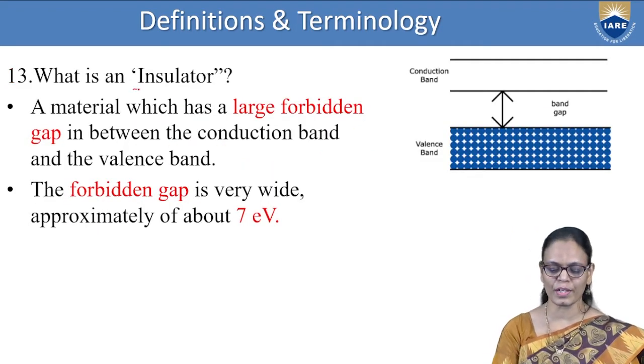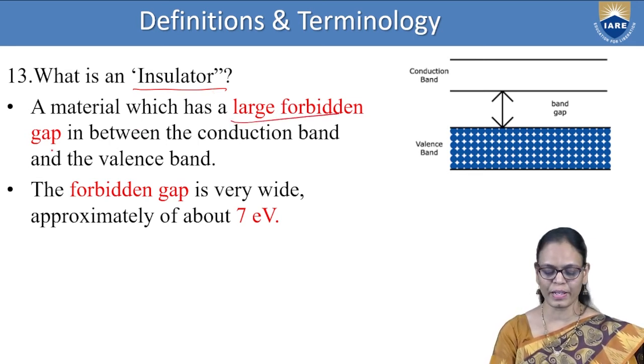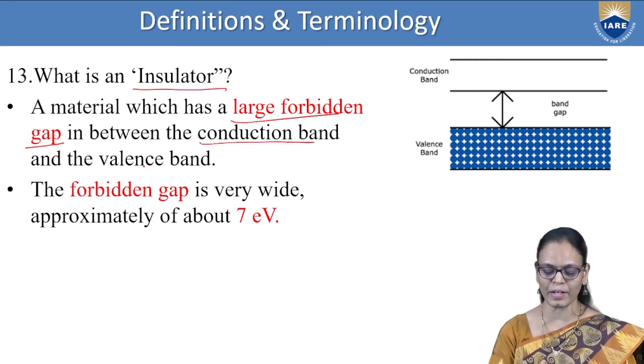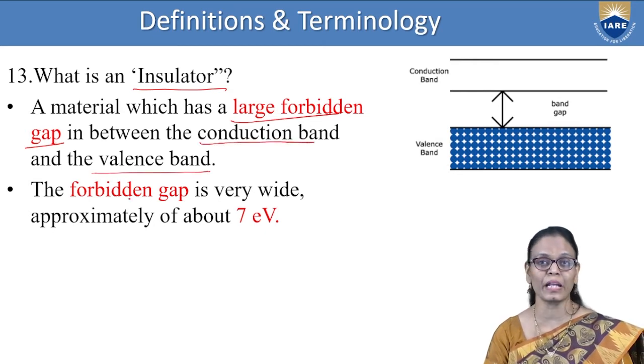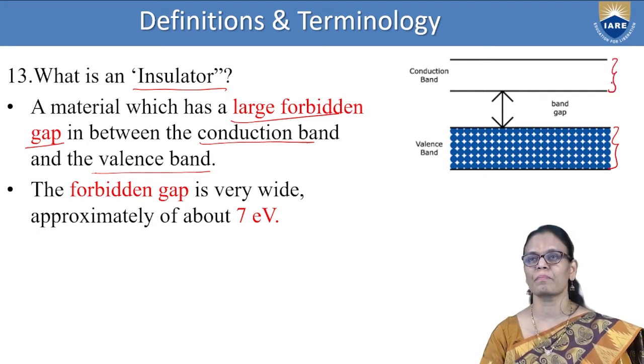Now the next one, what is an insulator? A material which has a large forbidden gap. If the gap between the conduction band and the valence band is big, then it is an insulator. If you see here, this is the valence band and this is the conduction band.